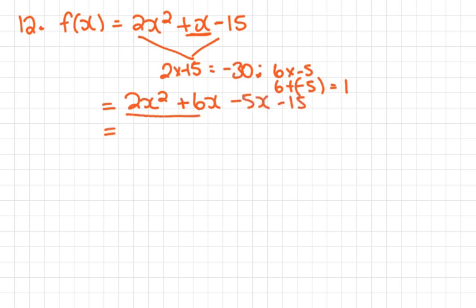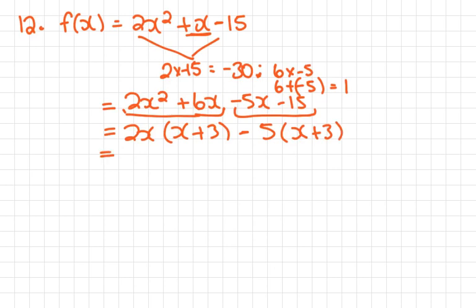I'm going to group them and then factor. So 2x I can take out of this group, x plus 3, minus 5 times x plus 3, equals 2x minus 5 times x plus 3.